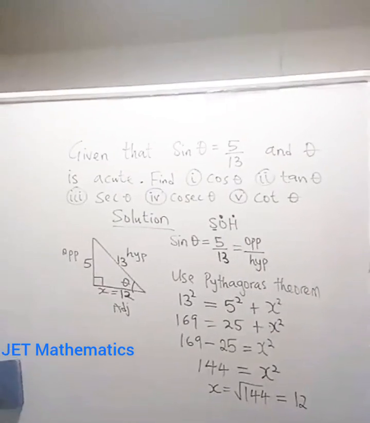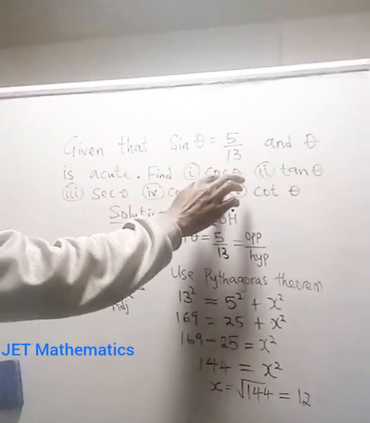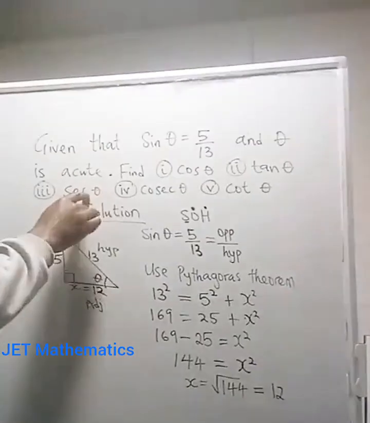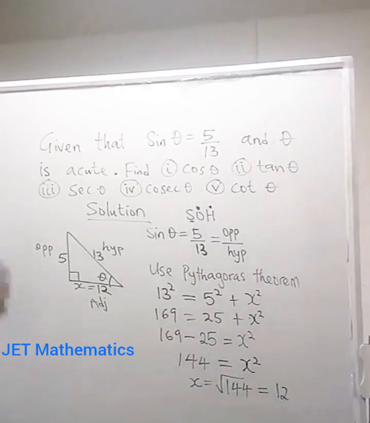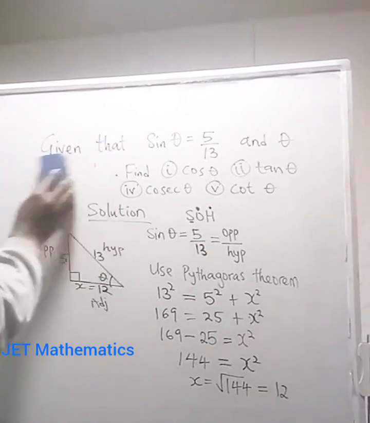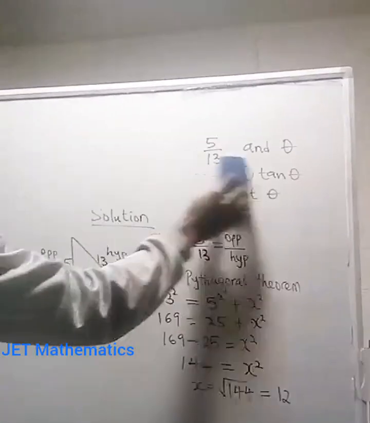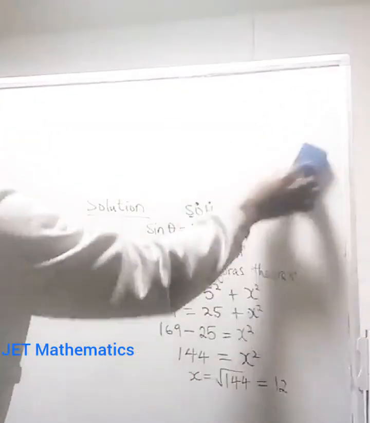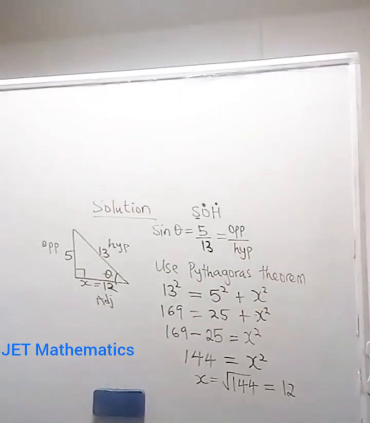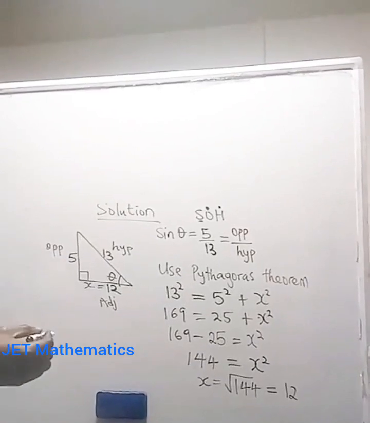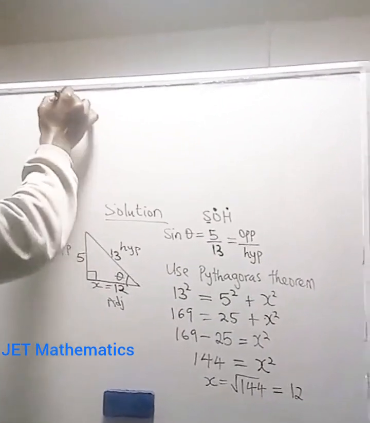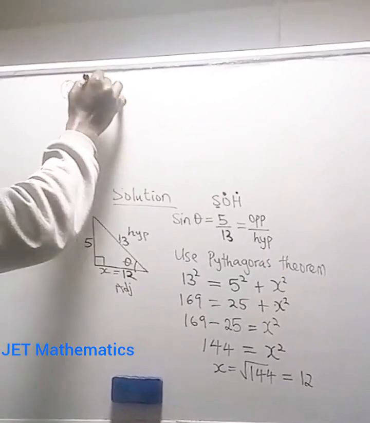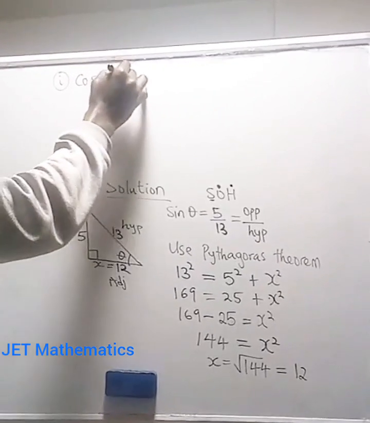So very easily we can now get our cos, tan, cosec, sec, and cot. So I'll do that above this solution here. So let's get our first question, which is cos theta.